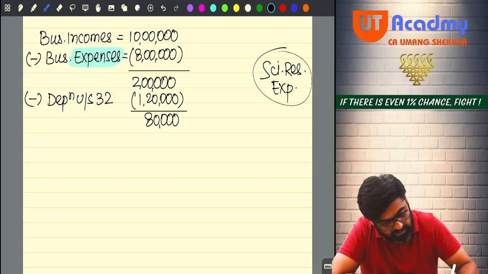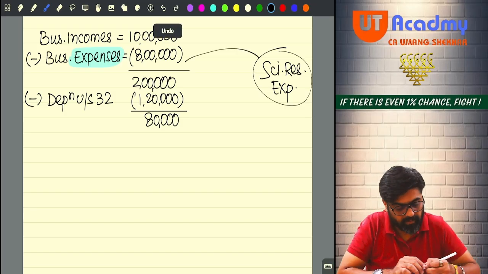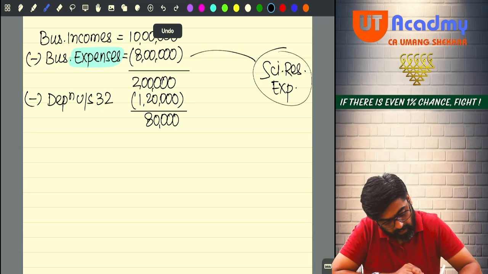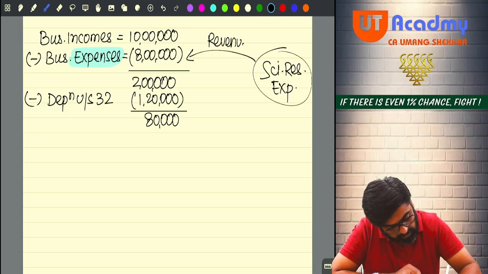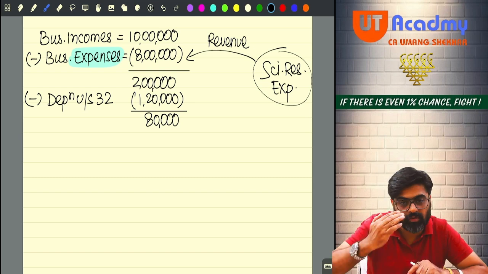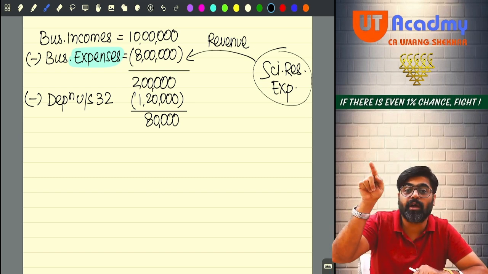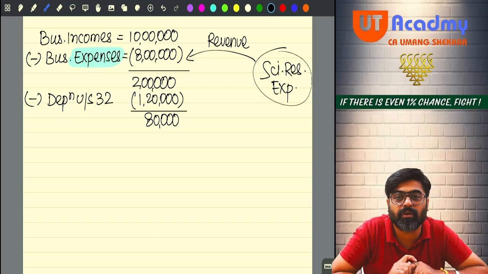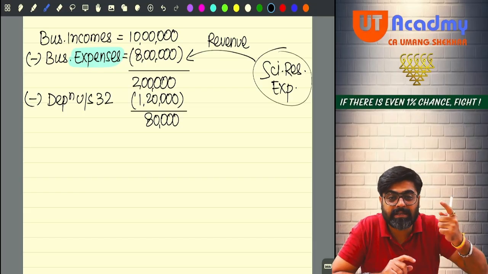Revenue nature. Those will be covered over here. Here, revenue expenditures will be covered. So those revenue expenditures are to be reduced along with your normal business expense. Yes or no? But what about the capital expenditure other than land?